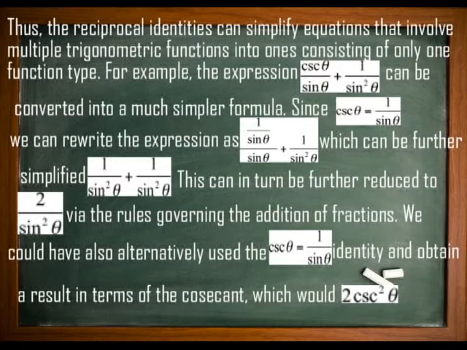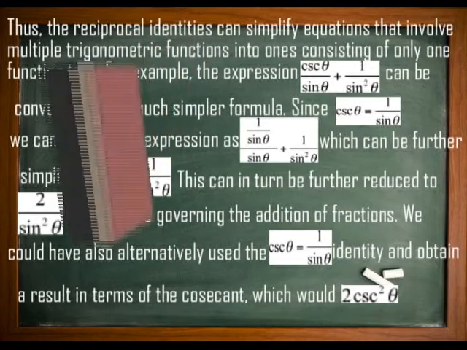We could have also alternatively used the cosecant theta equals 1 over sine theta identity and obtained a result in terms of the cosecant, which would be 2 cosecant squared theta.